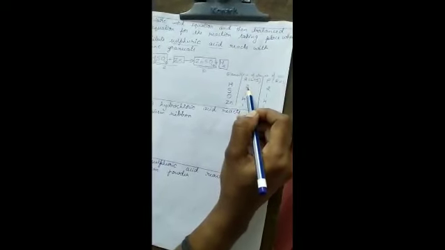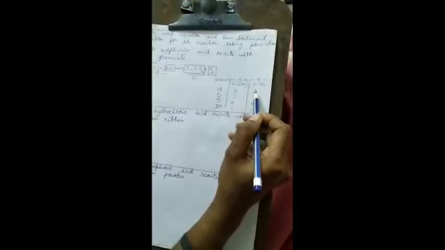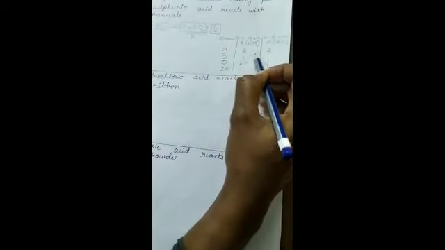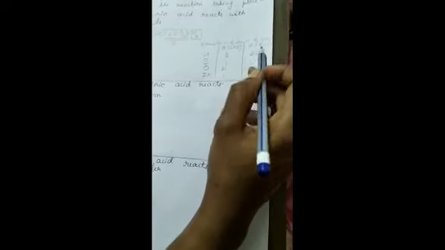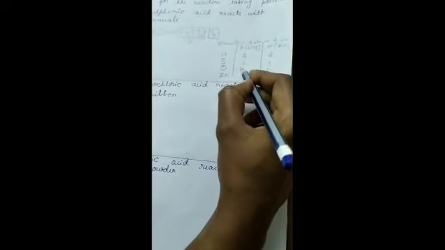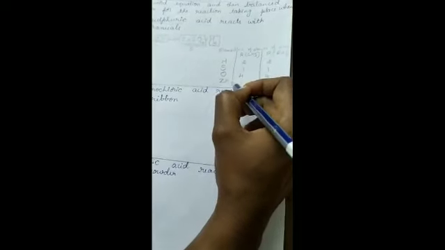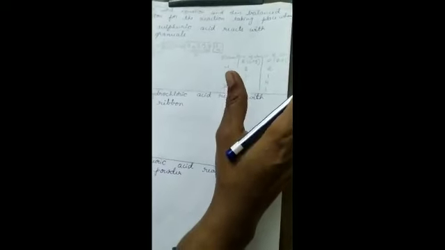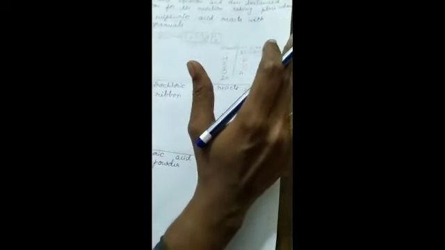Hydrogen, 2 atoms in the reactant, in the product also 2. Sulfur, 1 in LHS as well as RHS. Similarly, oxygen, you can see the same numbers on both sides. Similarly, zinc also. So this equation is already balanced. No need to balance it again.